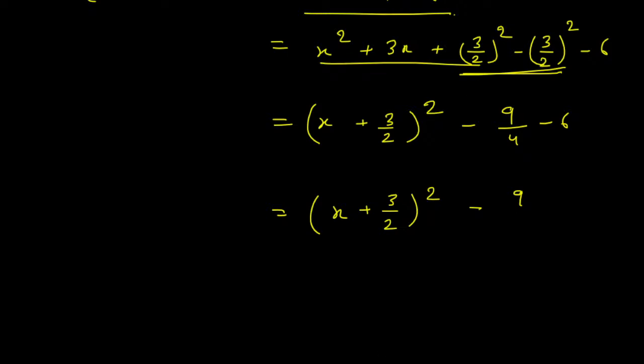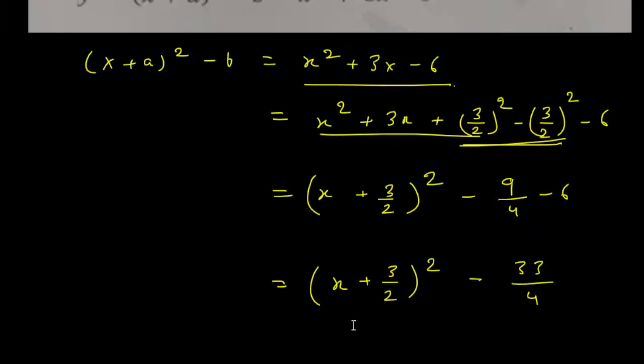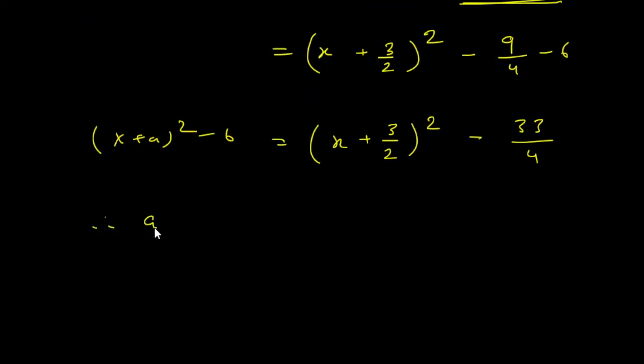So minus 33 divided by 4, and on the left side we have x plus a the whole square minus b. So your value of a is 3 divided by 2 and your value of b is 33 divided by 4. Okay, done. Simple question.